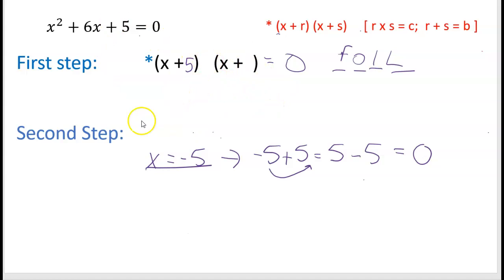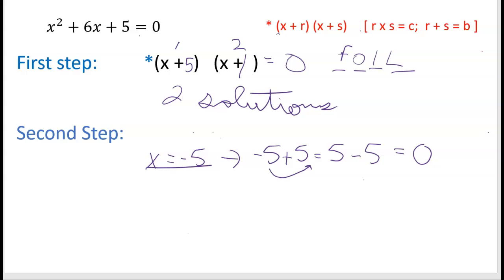Now we have one more solution. Let me put this value back here. There we go. Because we have a solution based on this going to 0, and a second solution based on setting this to 0. So we have two solutions. Okay?